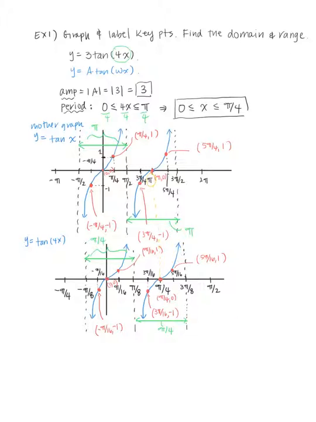Now let's finally draw out what we're looking for. I am completely running out of room here. If we want to graph y equals 3 tan of 4x, do you see that key point, negative pi over 16, negative 1, and pi over 16, 1?